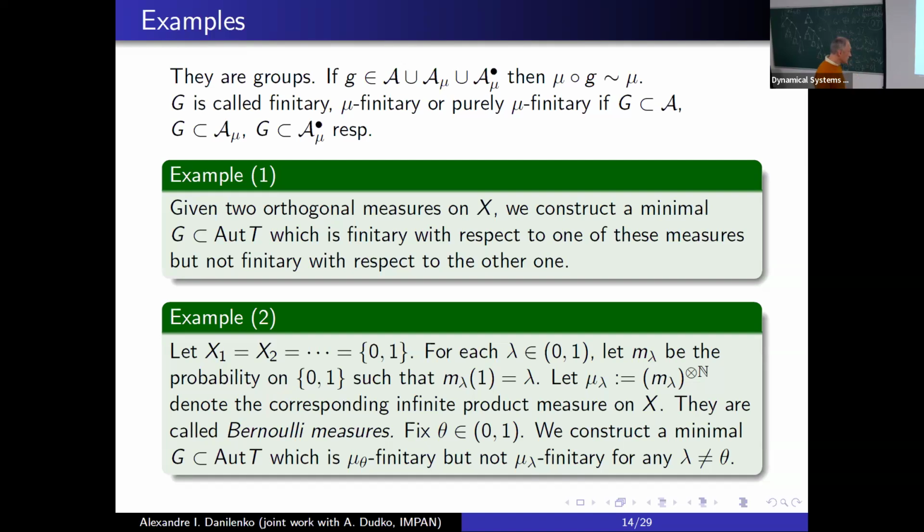Now fix any theta from the interval (0, 1). Then it is possible to construct a minimal group G which is mu_theta-finitary, but not mu_lambda-finitary for any lambda different from theta. And it follows, one can check, that G will be non-singular with respect to mu_theta, but not non-singular with respect to mu_lambda, for lambda different from theta.